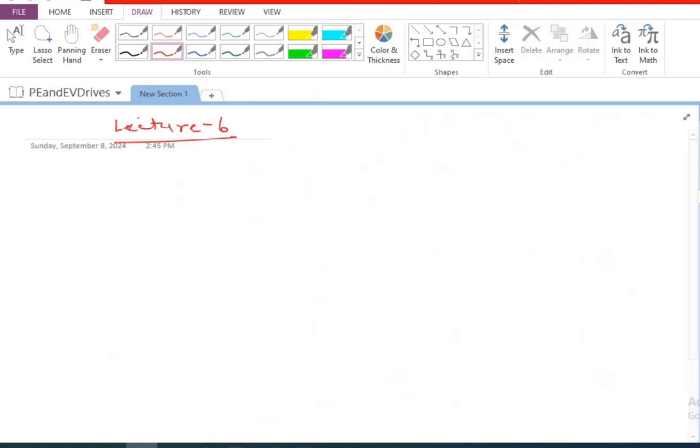Good afternoon. We are starting on lecture 6 of Power Electronics and EV Drives course. We had seen the three-phase full bridge rectifier, or diode bridge rectifier, which is an uncontrolled rectifier, in the last class.